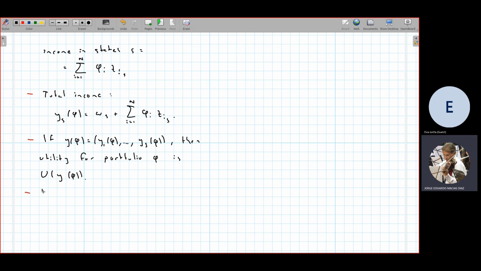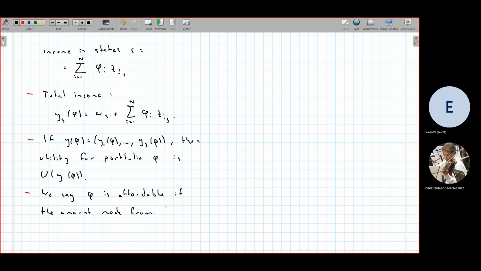More precisely, we say that the portfolio phi is affordable if, let's say, the amount made from the sales of securities is sufficient to cover the purchases.